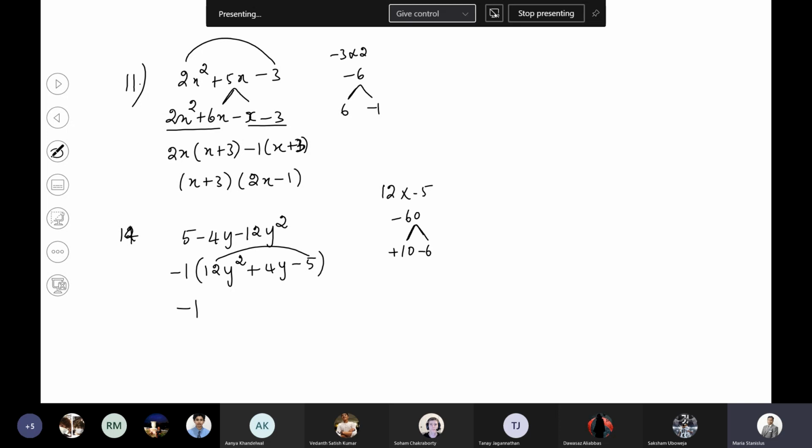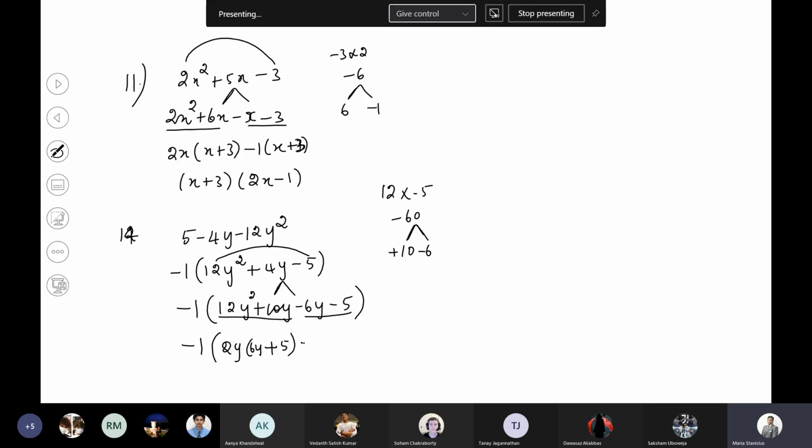So it would be 12y square, and the middle term plus 4 is split as 10y and then minus 6y. Minus 1 is a common factor. I'm trying to combine these two terms, and I'm going to take 2y as my common factor. It would be 6y plus 5.